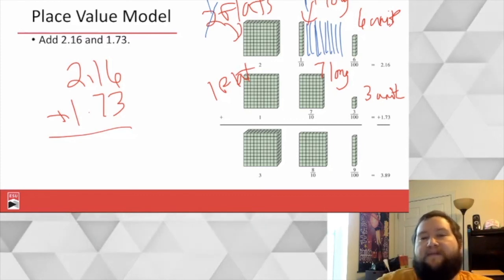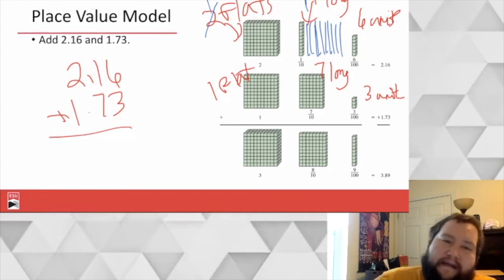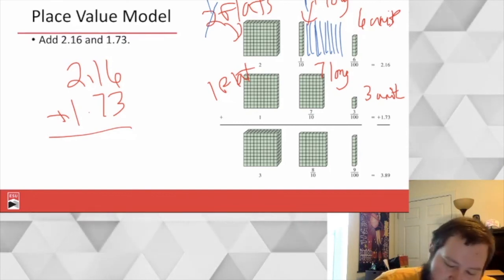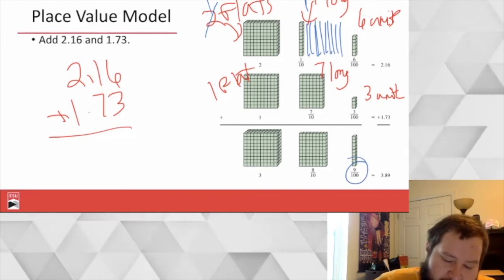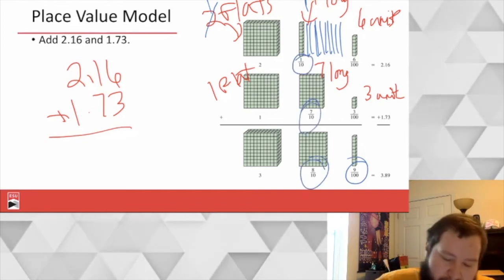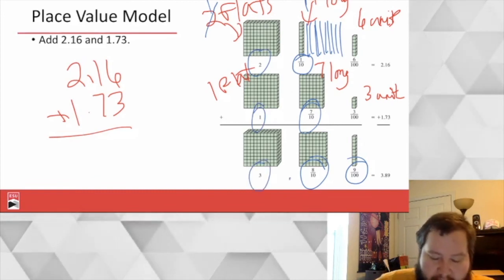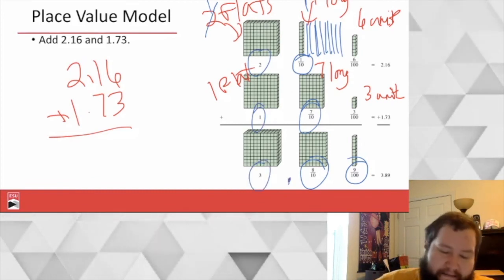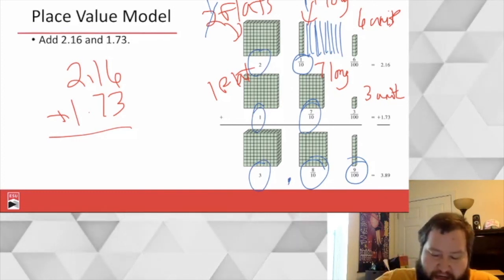I'm doing all of this work because we have to rebundle to subtract. And we're adding. 6 plus 3 is 9 hundredths. 1 and 7 is 8 tenths. And 2 and 1 is 3 wholes. 3.89.